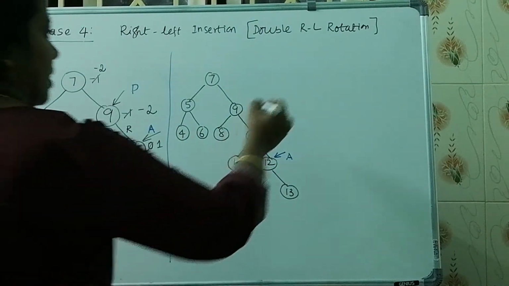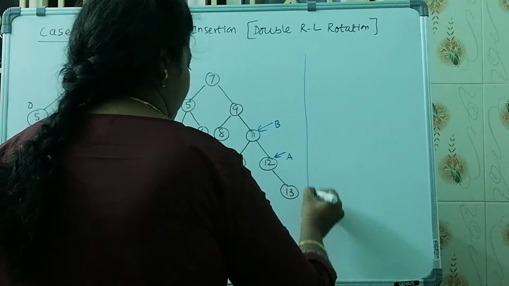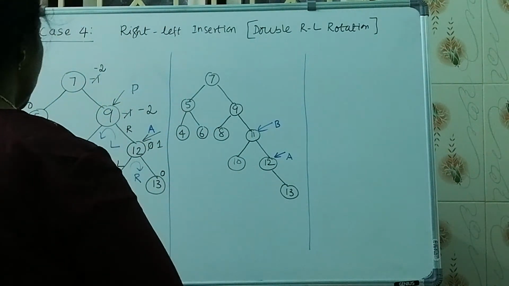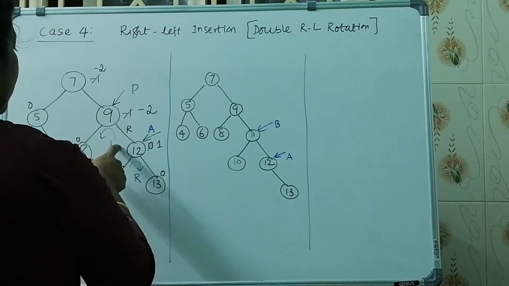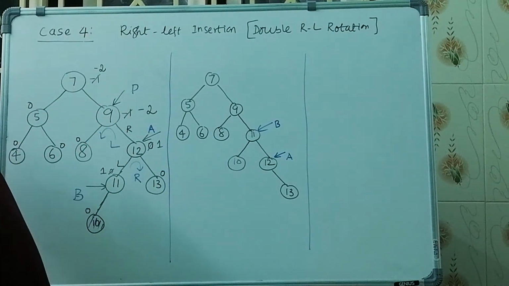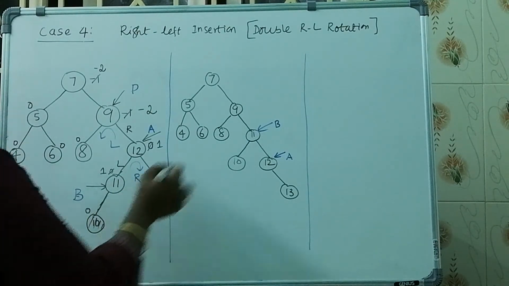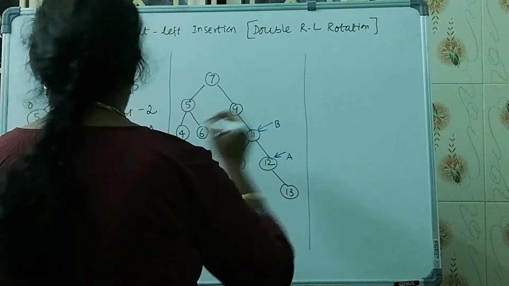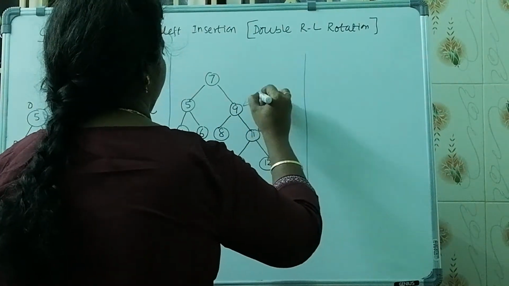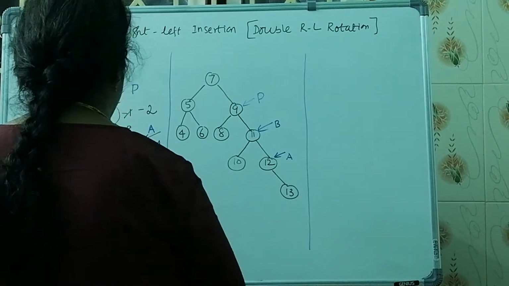Okay, now we have to apply one more step. What is that? Once you rotate this right, we should rotate at the left. So now let us figure out where that P is. P is here, right? This is P. Now you have to rotate this P to the left.